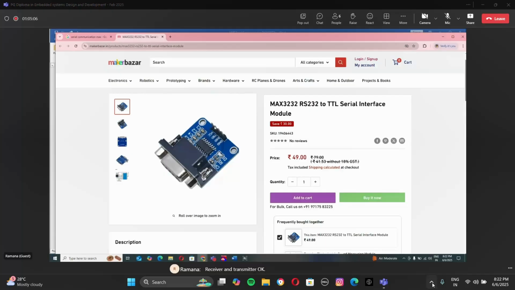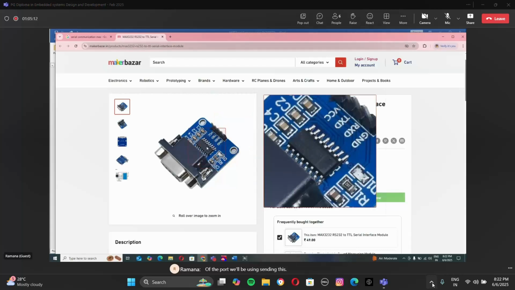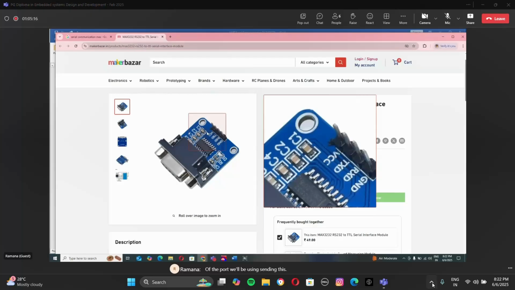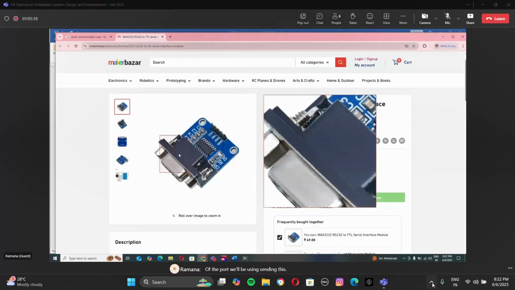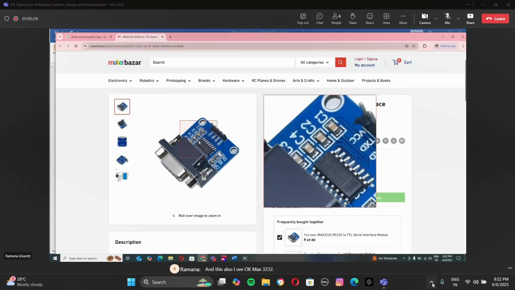And this is also an IC, MAX3232. So this is one type of driver, the receiving driver. We will be using this.